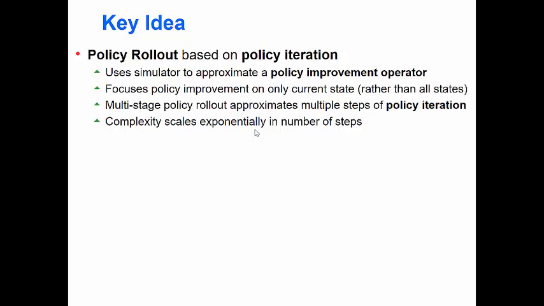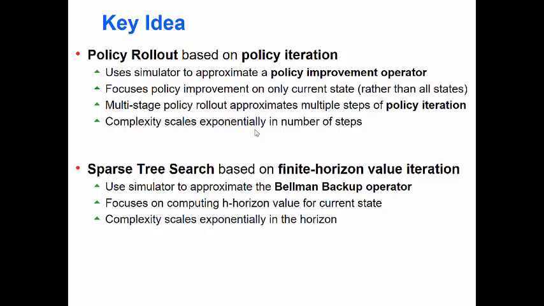Now, what we're doing today, sparse tree search, as we're calling it, or Monte Carlo tree search, is instead based on finite horizon value iteration instead of policy iteration. Here we're going to use a simulator to approximate the Bellman backup operator, which turns out to be relatively straightforward.